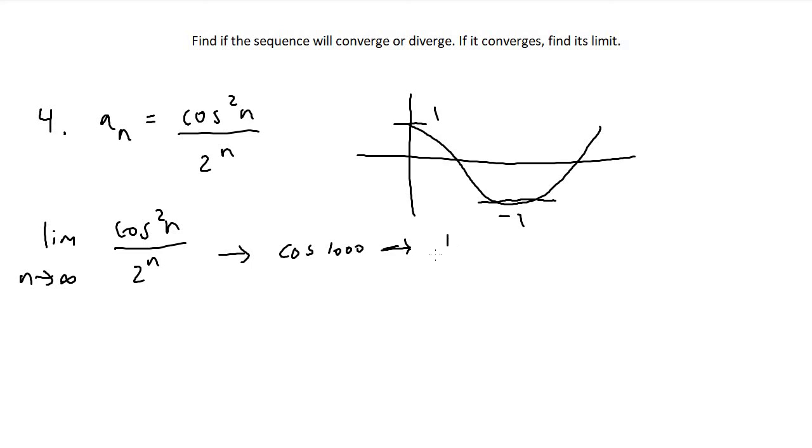So let's just say we have 1 over 2 to the 1,000th power. Notice how this is going to be a very large number compared to the numerator. So if we have a bottom heavy fraction, then the limit as n approaches infinity, or a very large number, of cosine squared n over 2 to the n is going to converge to the value of 0.